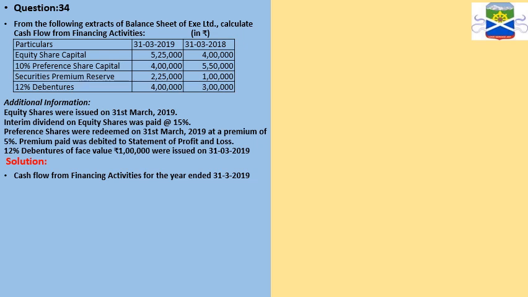Most probably in your question the premium is not given, so we have to understand that since equity share is issued 1,25,000, there is another 1,25,000 as security premium. And 12% debenture is also increased, that is 3 lakhs to 4 lakhs. So over here there may be a possibility of issuing the debenture at premium, it can be possible.